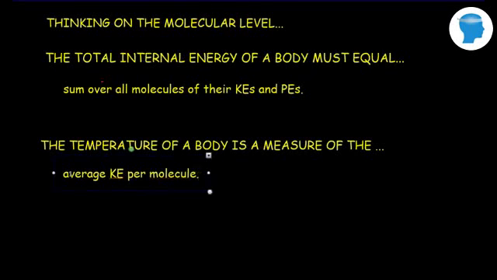So we can't even describe temperature if we only have one molecule, even though it would have an average kinetic energy. Temperature is really a statistical quantity, and you need to have millions of molecules, some of them moving slow, some of them moving fast, and then we'd work out the average kinetic energy per molecule. And that would be a measure of temperature.